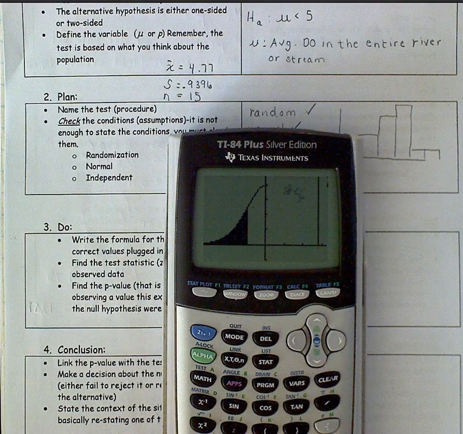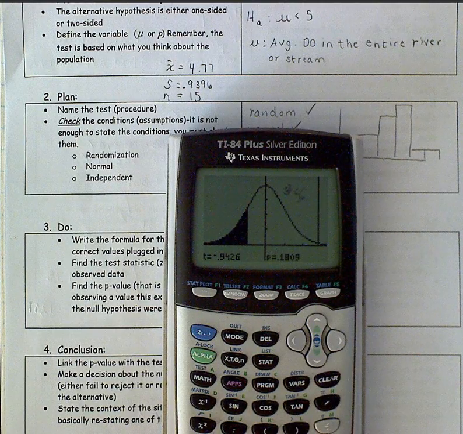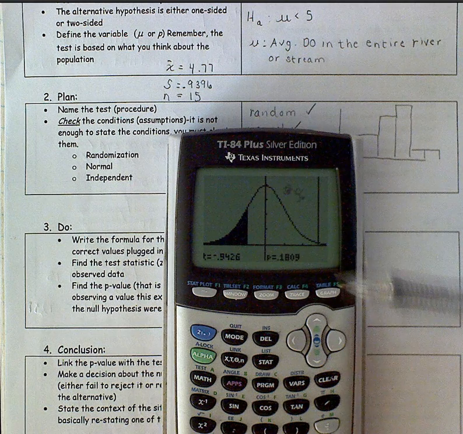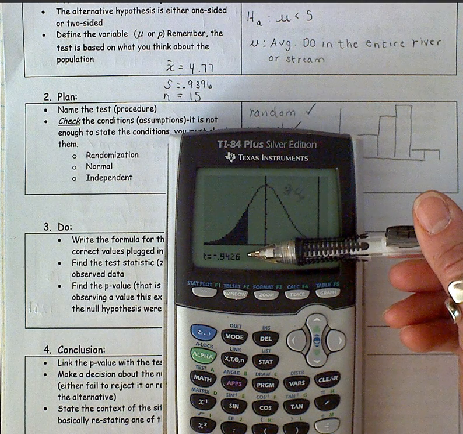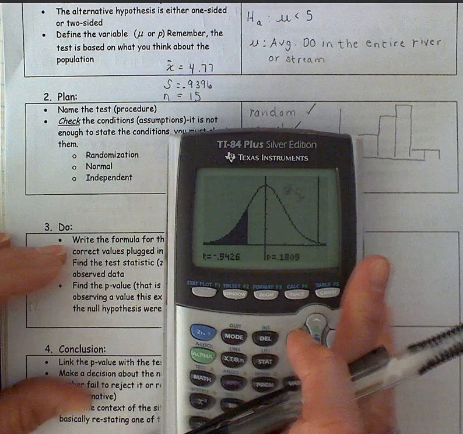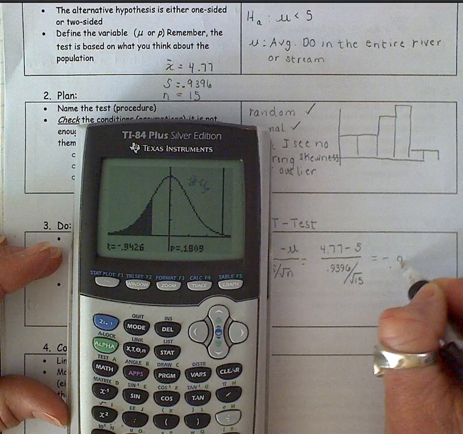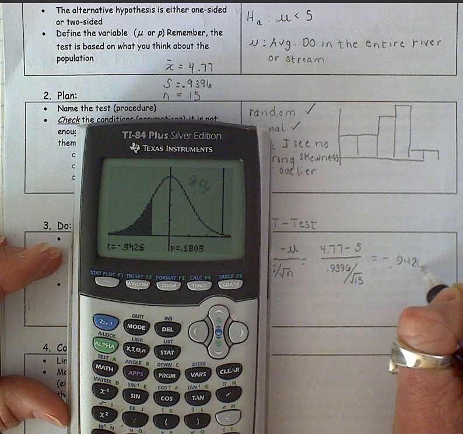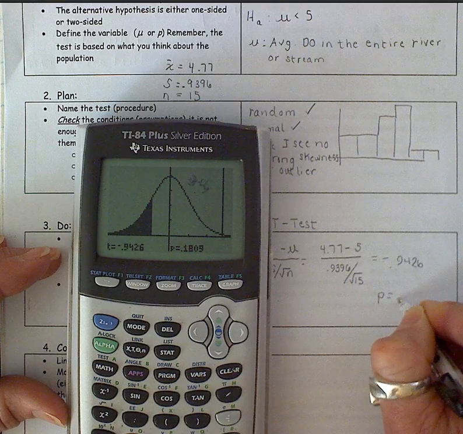And this is why I like to draw it, to make sure that I did in fact choose the correct direction for my alternative. Here is what my t-test statistic value would come out to be if I had computed it by hand. So this equals negative 0.99426. And my p-value gives me the area in that tail, 0.1809.